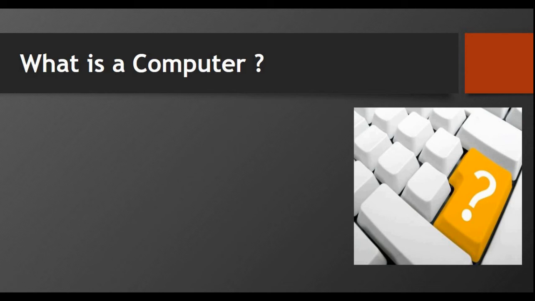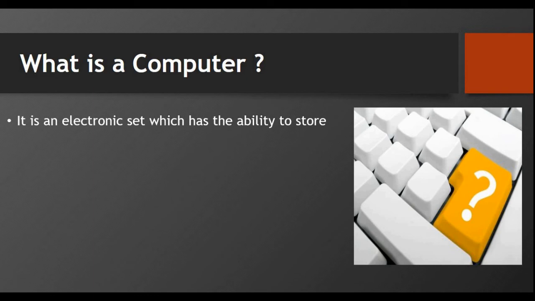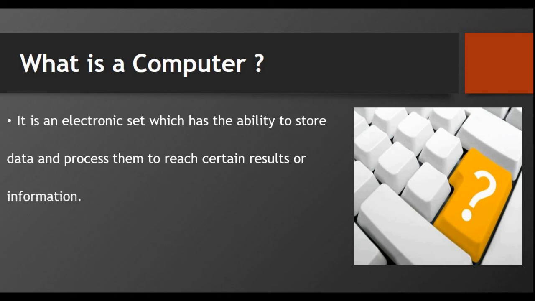You can think that this computer is an electronic set, but what is the main function or the main task the computer can be for? It is an electronic set which has the ability to store data and process them to reach a certain result or information.